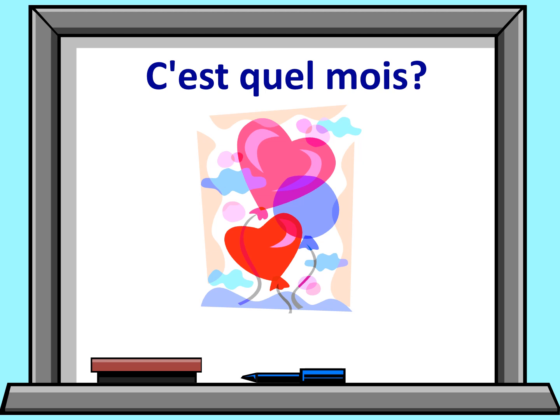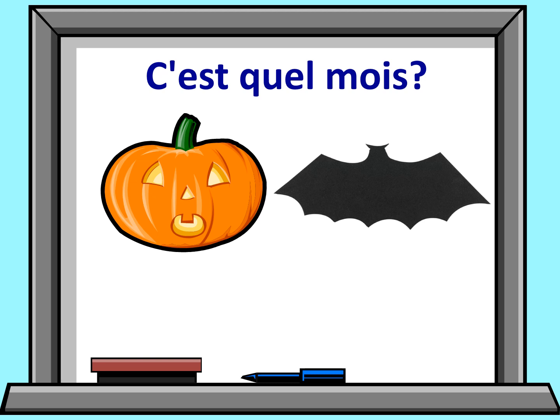Okay, then let's do a bit of revision on months. If you could either say or maybe even write down on a bit of scrap paper what month it is for the next few slides, that would be great, and then I'll show you the answers. Okay, so c'est quel mois? What month is that? C'est février. C'est quel mois?